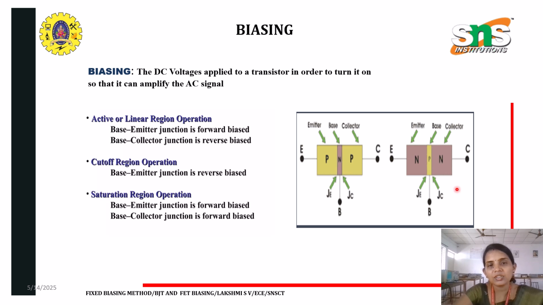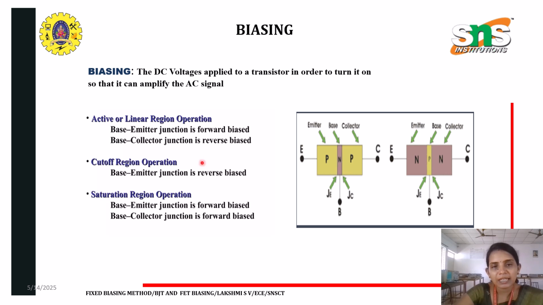The next one is the saturation region. In this case, the base emitter junction is forward biased and the base collector junction is forward biased. When both these junctions, that is JE and JC, are forward biased, the transistor is going to operate in the saturation region, which means it is going to operate as a closed switch.